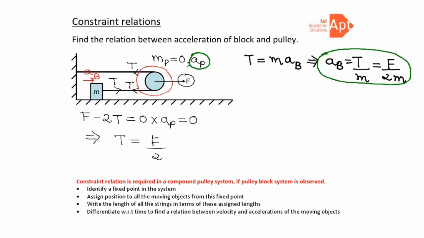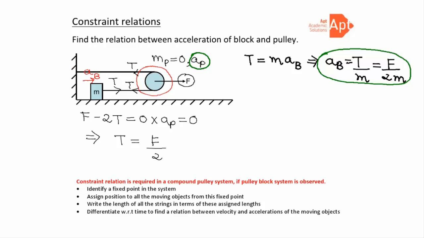For this we use constraint relations, because this is a compound pulley system. Why compound pulley system? Because the pulley is movable. Okay. So how do we write the equations for constraint relation? See, this is the string and this is the fixed point of the pulley block system and string, right? This is the fixed point.